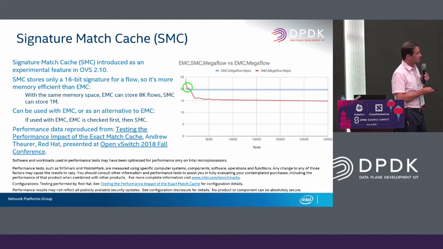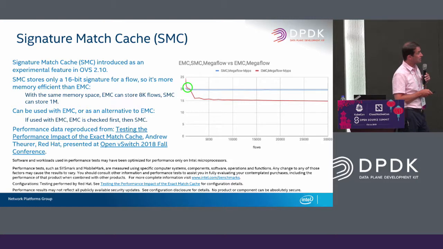So it drops off as the number of flows increases, and then it essentially flatlines. The blue line is the signature match. What's really interesting is the point at which the signature match performance exceeds that of the exact match cache. It's basically a couple of hundred flows. So if you have a couple of hundred flows or less, then EMC is still more efficient. If you have more than a couple of hundred flows, then the signature match is a more efficient method.